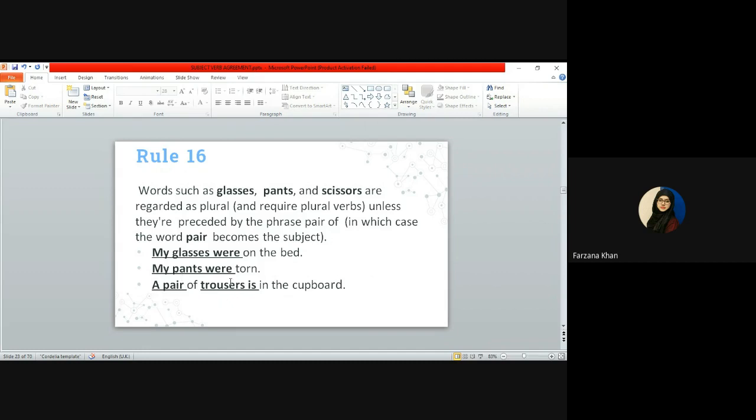But when the subject is trousers, then we will go for a plural verb, right? Glasses, pants, scissors are regarded as plural, and they always require a plural verb. But if these words are preceded by the phrase a pair of, then you will go for a singular verb.